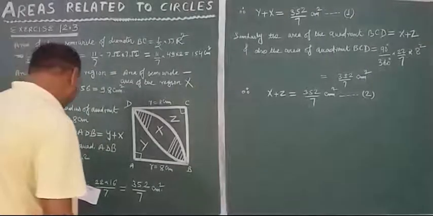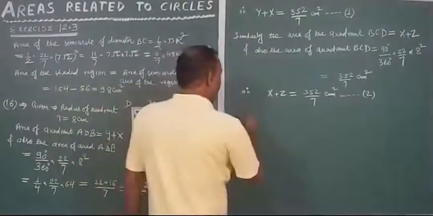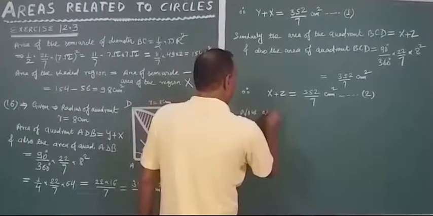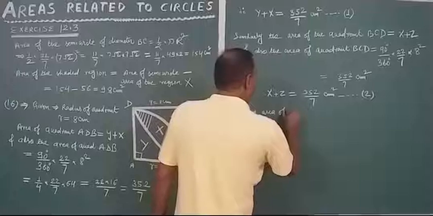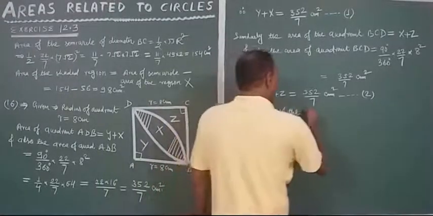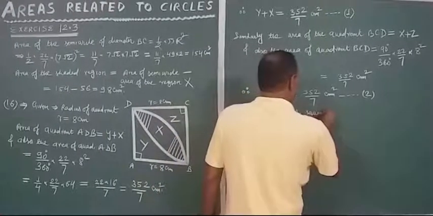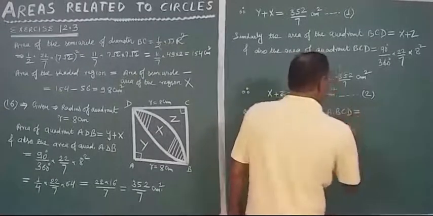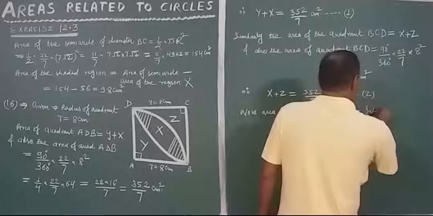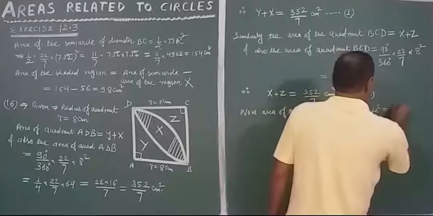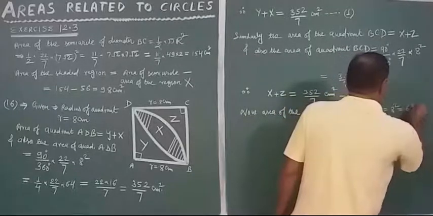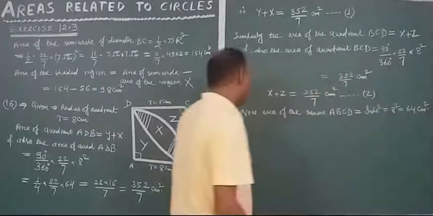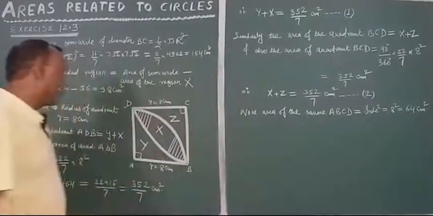Now, area of the square ABCD will be given by side square. Side square is how much? 8 square, which is 64 centimeter square.